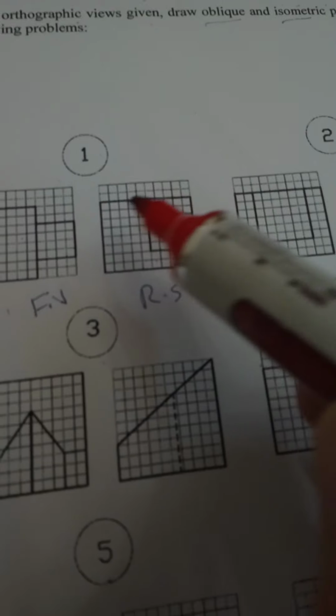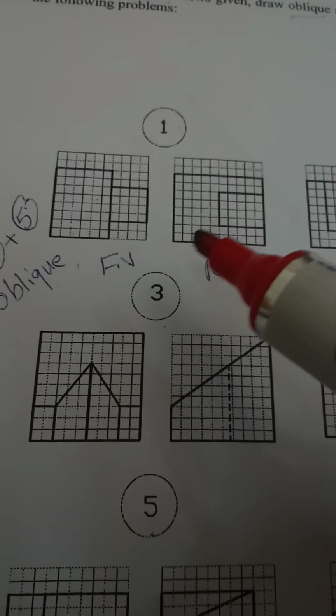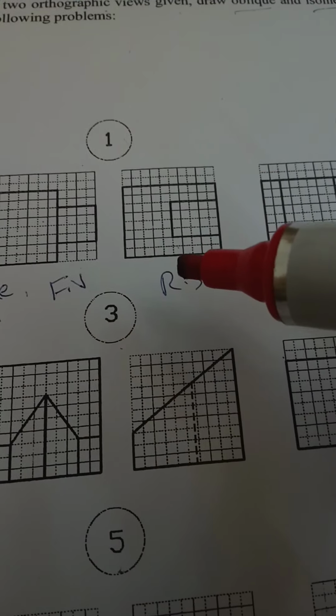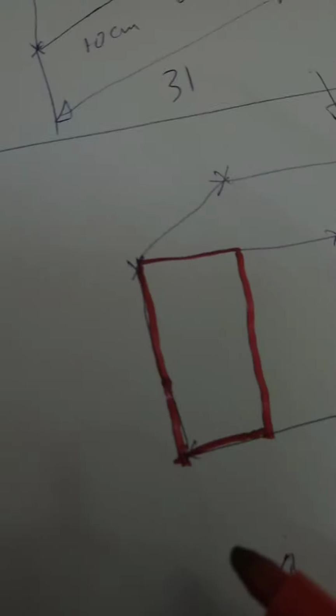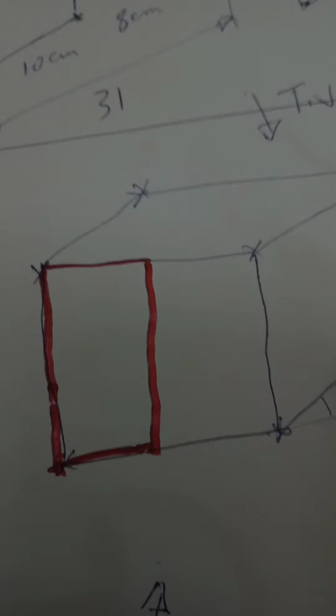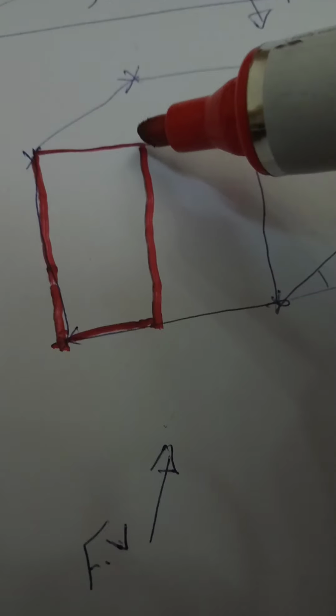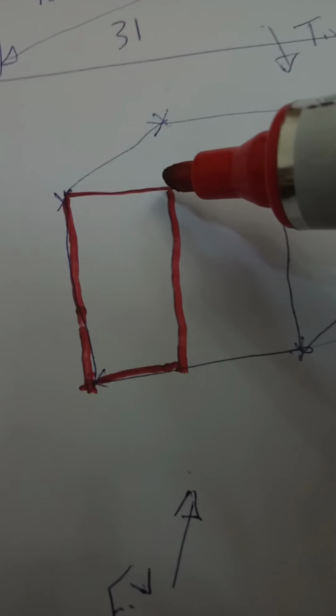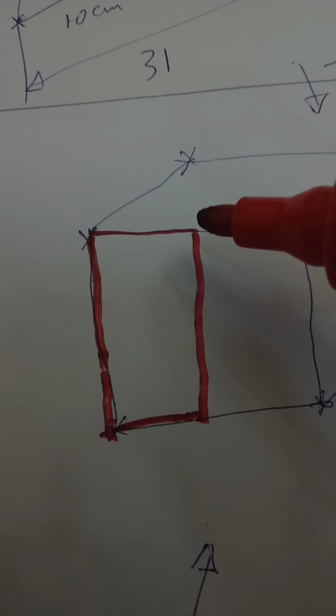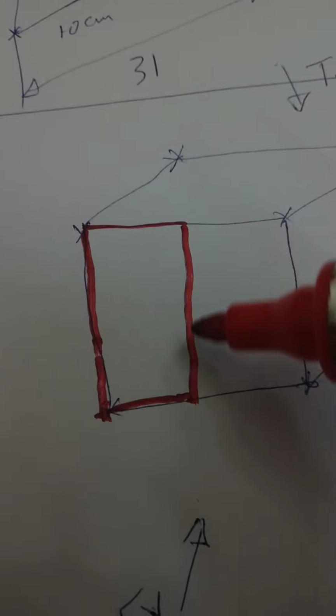We see that there are given dimensions shared between the front view and right side view. The dimension shared between the right side view and the front view is the height. The other dimensions are here the width, and here the depth. So the width of the body will start here, and the depth of the object will start from here. So the shared length between the front view and the right side view is starting from this edge.